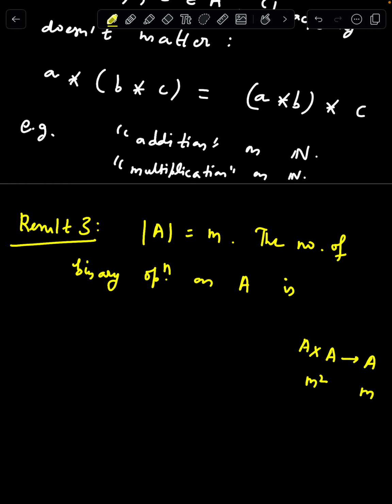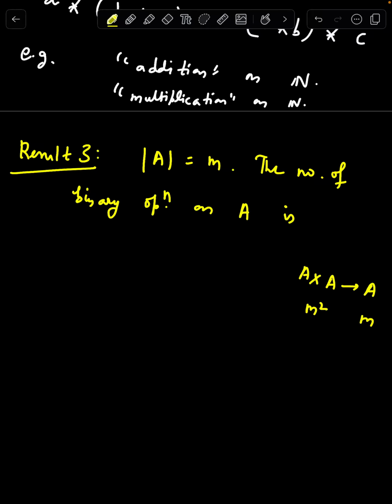A has m elements. So the number of functions from this to this would be this raised to the power m square, right? So m to the power m square.